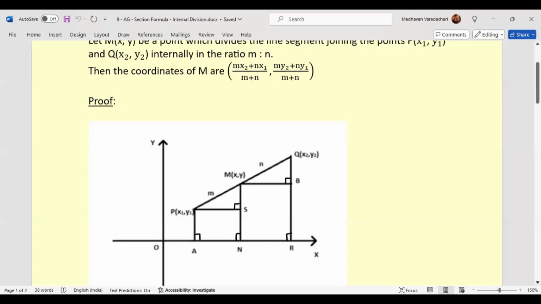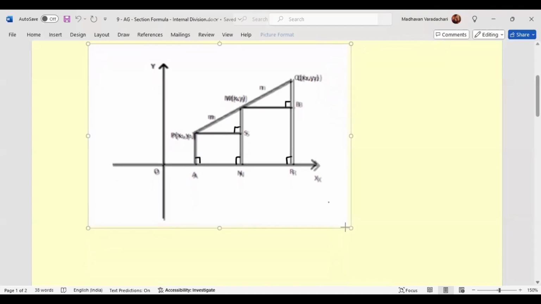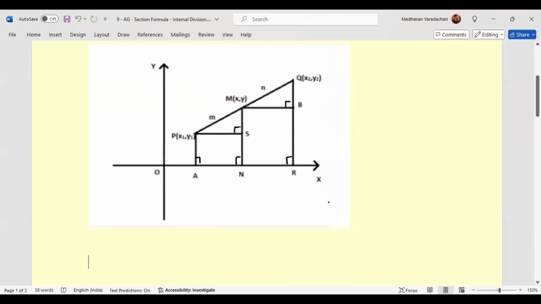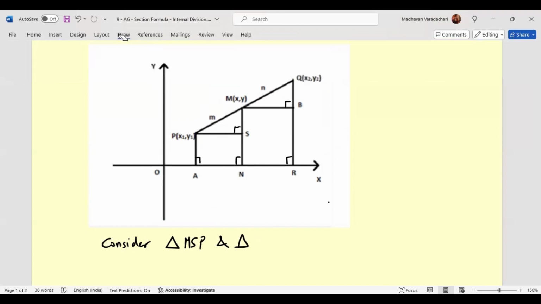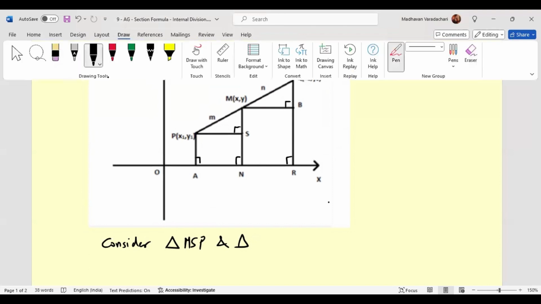Now let us consider triangles. Let me consider now triangle MSP and triangle QBM.